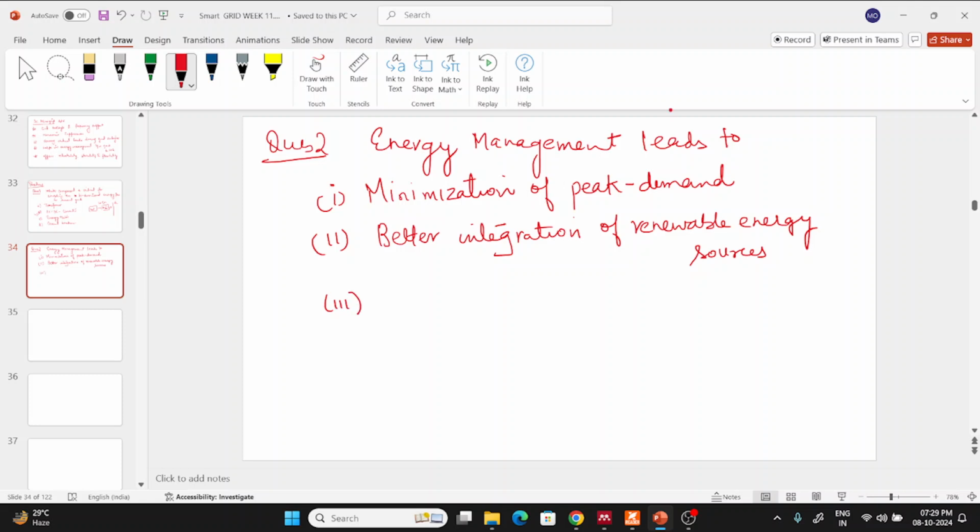Third, leads to better grid support. Fourth, all of these. Okay, write that answer.